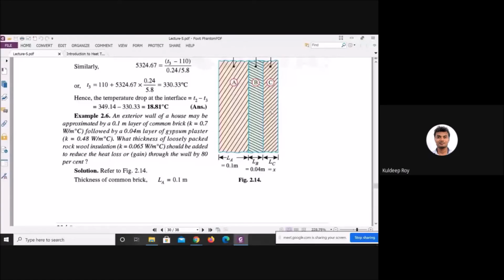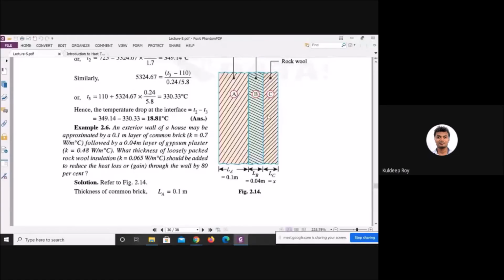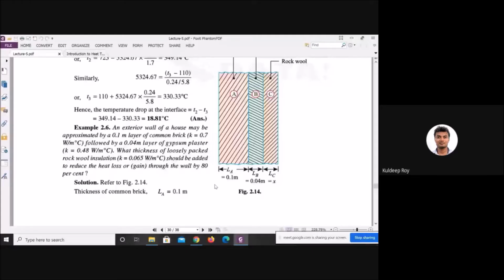Then what you have to do, first of all you have to determine the heat transfer through this particular region A and B, and you have to determine it for the whole segment, because you have to add some rock wool which can reduce your heat loss up to 80%. Just approach as I already told.